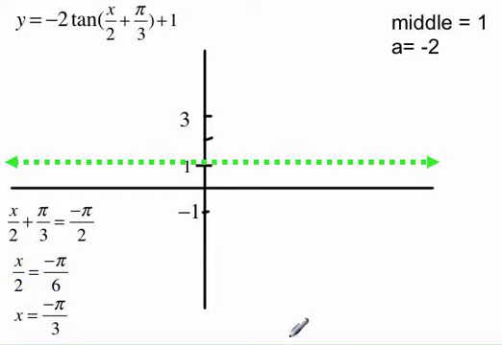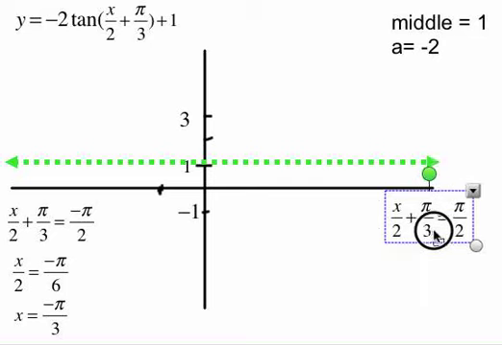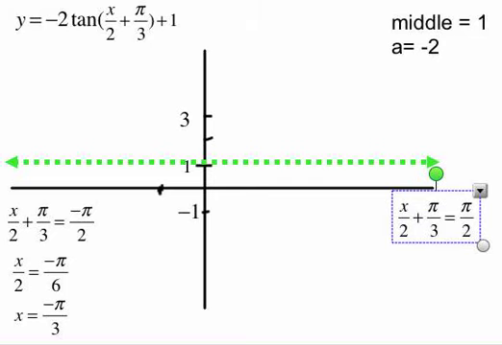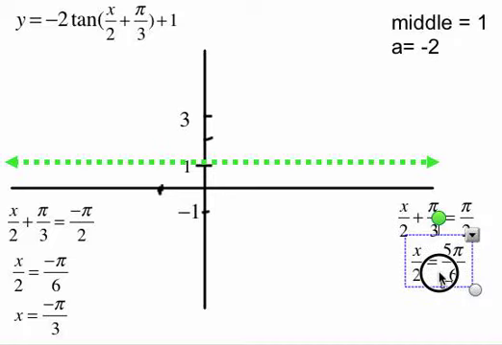So our period is going to begin right here at the value of x equals negative pi over 3. To find out when it ends, we do the same thing, but this time we set it equal to pi over 2, where tangent typically ends. We solve for x, and sure enough, x equals 5 pi over 3.